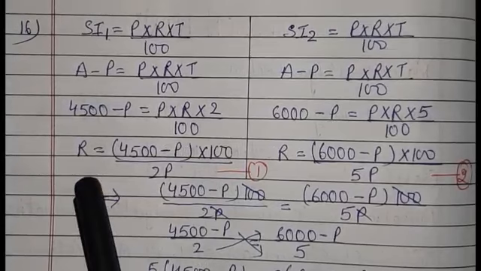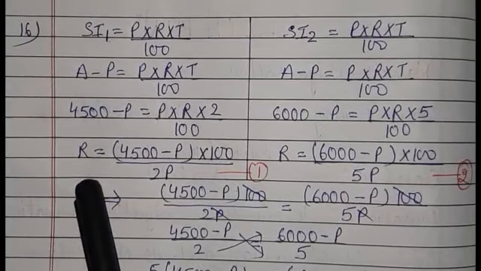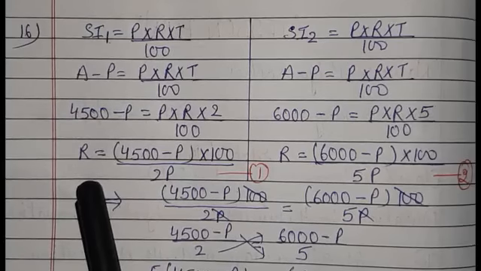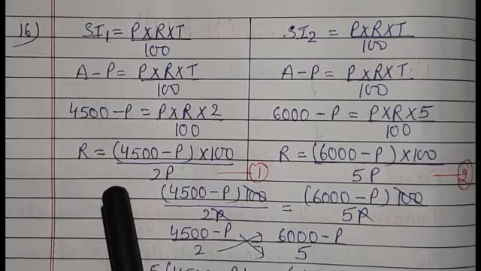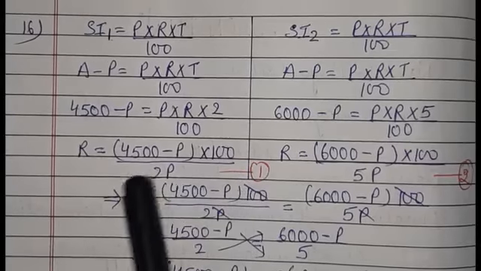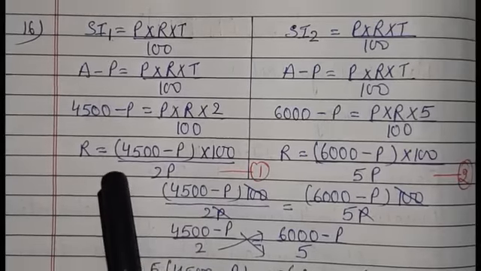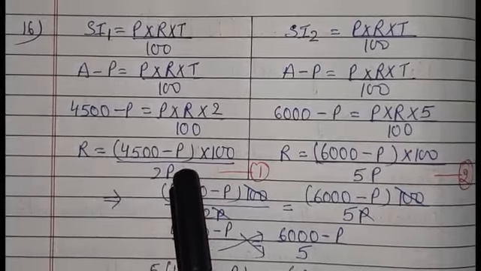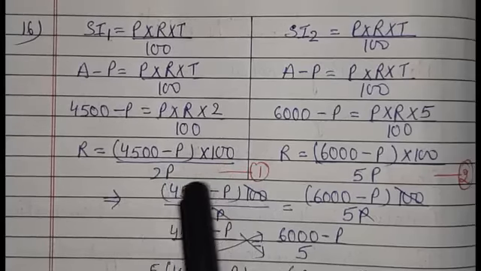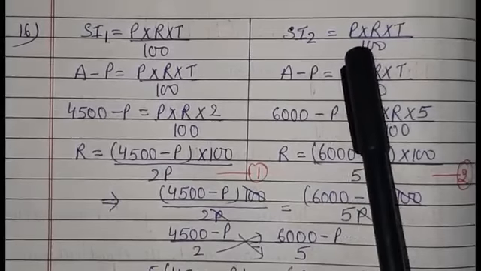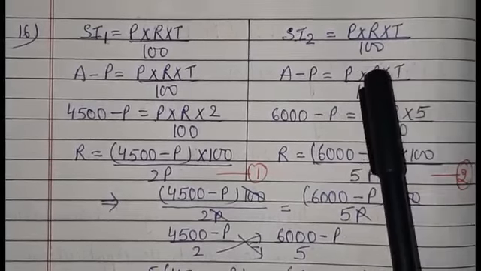Calculate rate of interest, because they are saying find the sum of the money and the rate of interest, and rate of interest is same both the times, right? So when we calculate rate of interest, in first case it will come 4,500 minus P into 100 upon 2P. Second case, simple interest is equals to P into R into T upon 100.